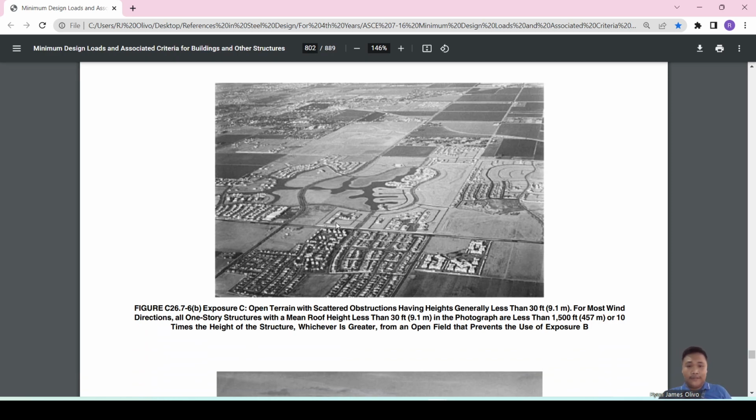If you are confused whether this is B or C, consider that this is C because the obstructions are scattered here. If you are constructing in an area like this, use exposure C, because it is much better to have a conservative loading than a loading that is lower than expected.